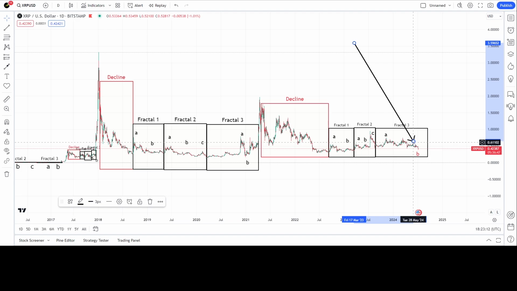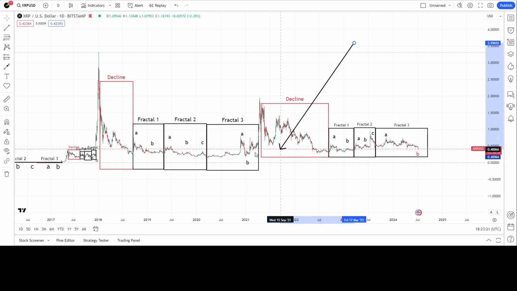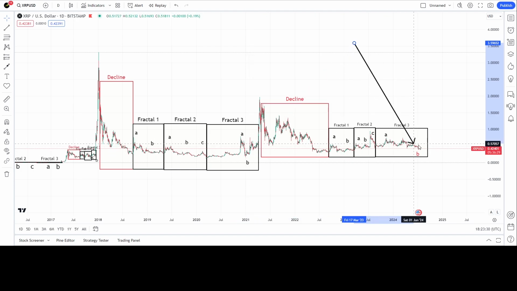Prepare yourselves, folks. I'm going to give you 2 different scenarios. So this could potentially be the bottom. If we look over here, see how it has this little bottoming out structure down here? We could potentially see something similar play out like that. Another way to look at it is if we zoomed in over here.